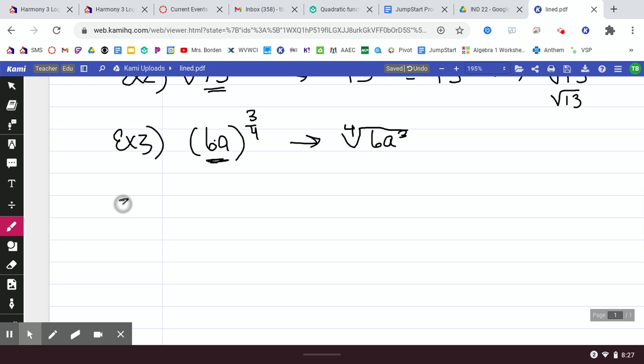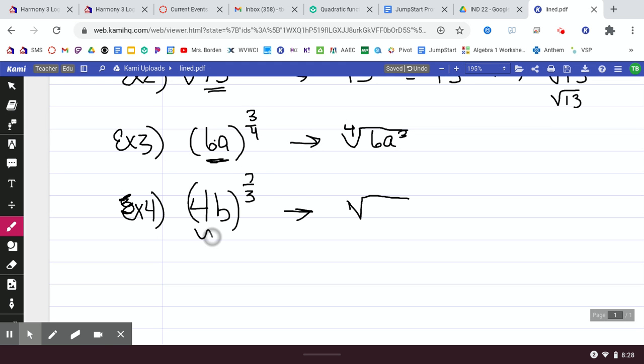Okay, another quick example here. Looks very much the same. Let's do 4b raised to the power of 7 over 3. We want to write it in radical form. So I'm going to give myself a radical to build in. My base is just that whole base.